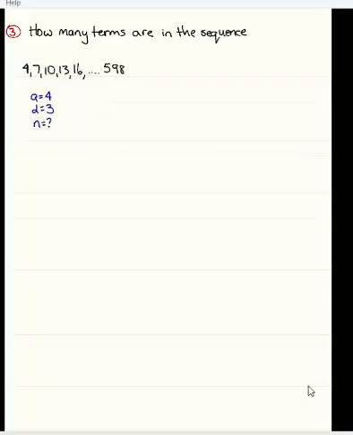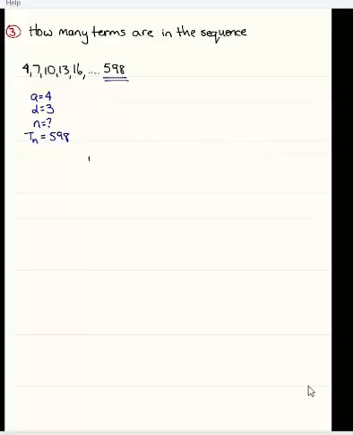But what we do know is this term here. That's the new piece of information we have, 598. That's what we're going to substitute in for T. We don't know what n is, but we know that the nth term we are looking for is equal to 598. So they're the knowns.